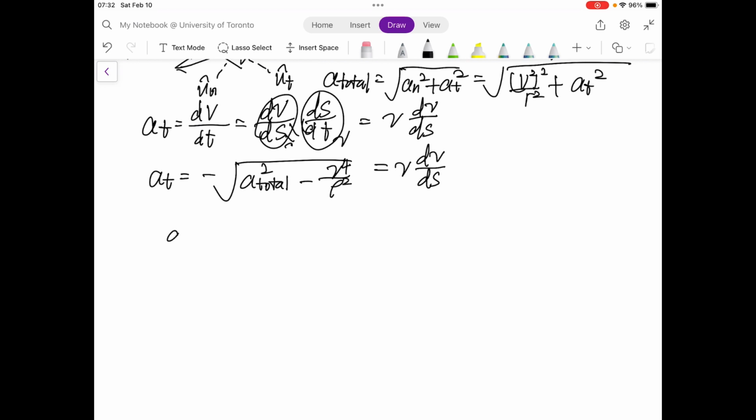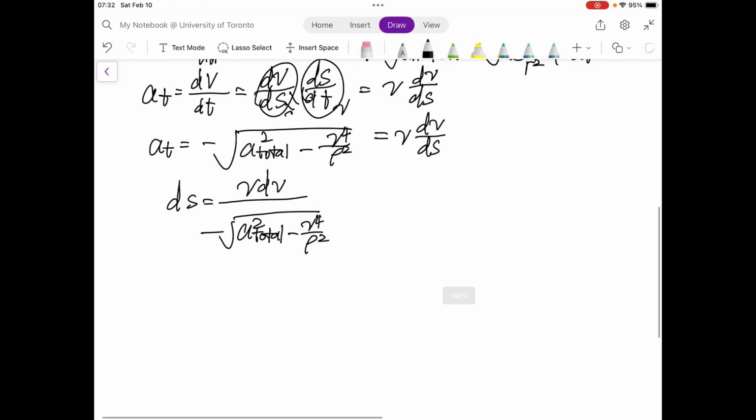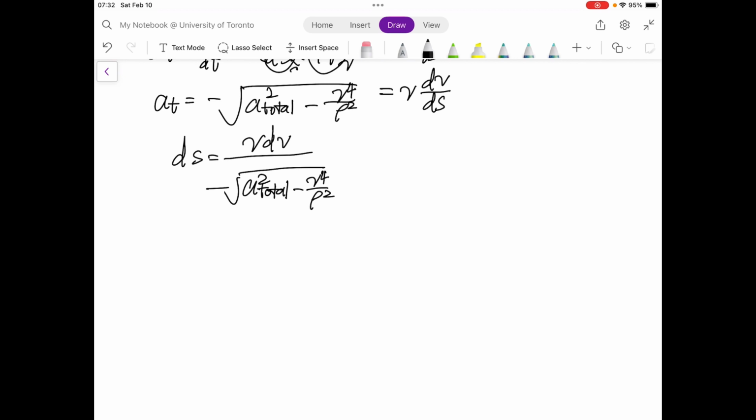After we rearrange it, ds is equal to v dv divided by negative square root a total square minus v to the fourth over rho square. Then we take the integral of the equation. So s is from 10 to s, v is from vB to 0.